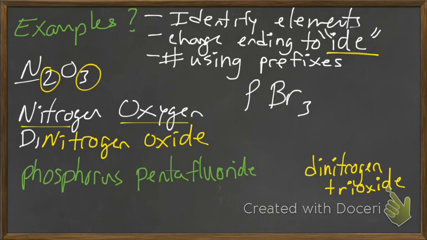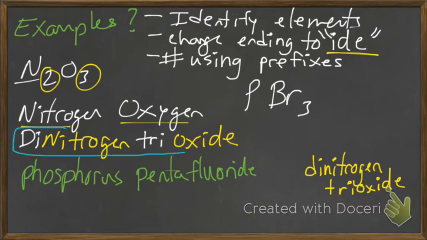So dinitrogen. And 3 is tri. So let me make some space here. Let's try that once more. Trioxide. Dinitrogen trioxide. Right there. Alright?